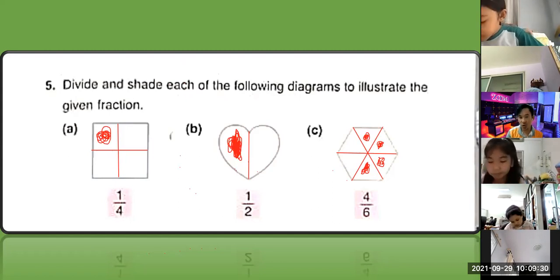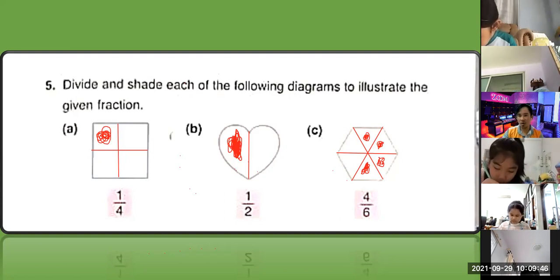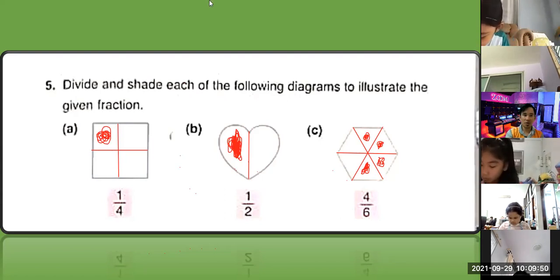There are only 2 questions. In letter A, which diagram shows 1/2? So you encircle. In letter B, which diagram shows 3/4? So you encircle.